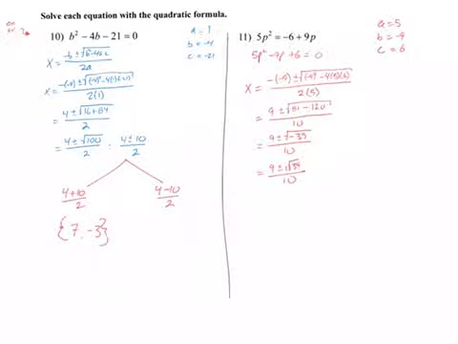I don't have anything that I can simplify from the 9 and the 10, and the square root of 39 doesn't simplify anymore. So I can leave my answer like this. And notice there are two imaginary answers in that one statement that I've written.